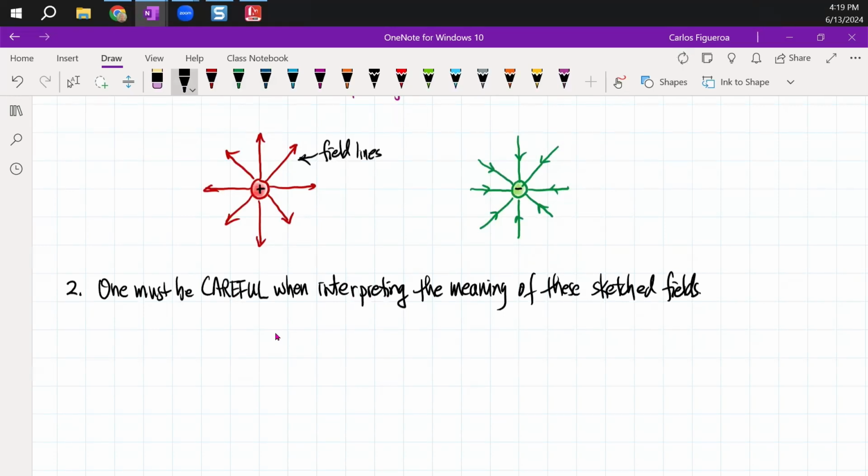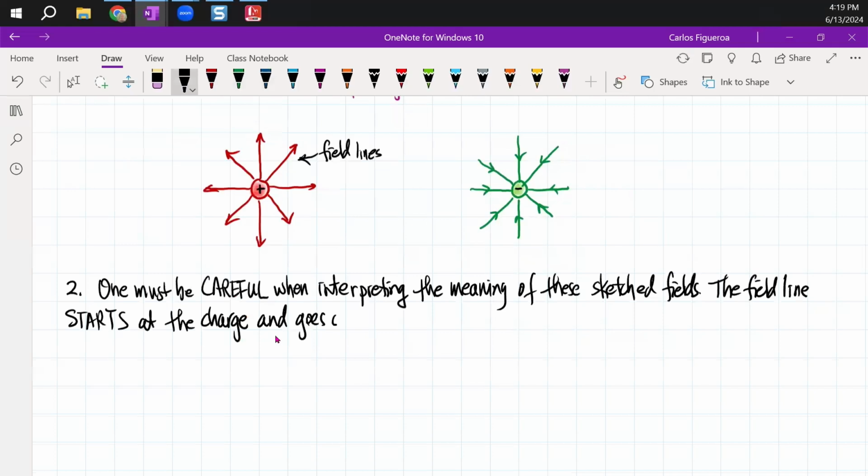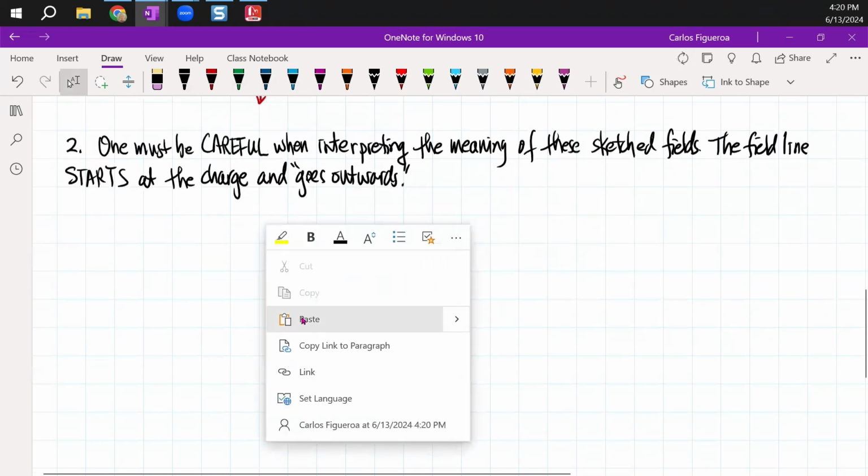So this is key. The field line starts at the charge and goes outwards. That's tricky.